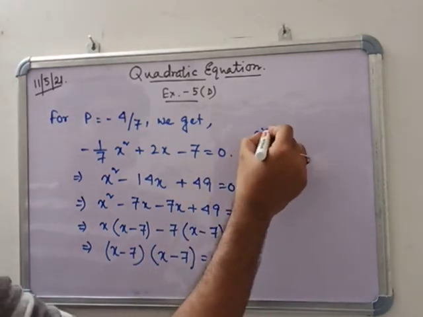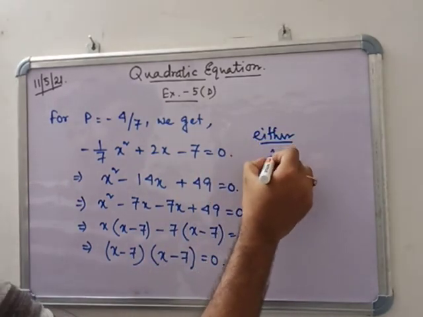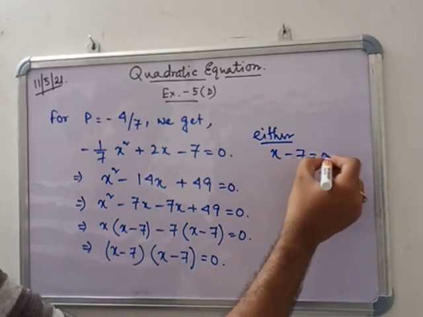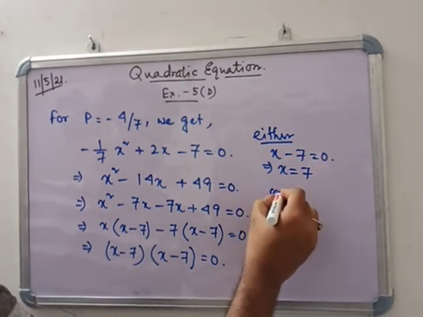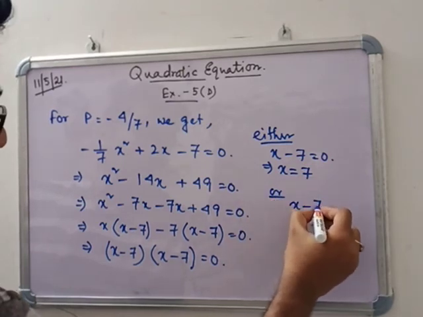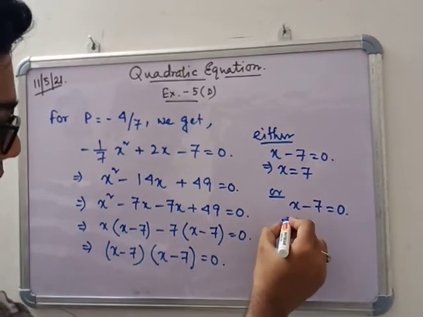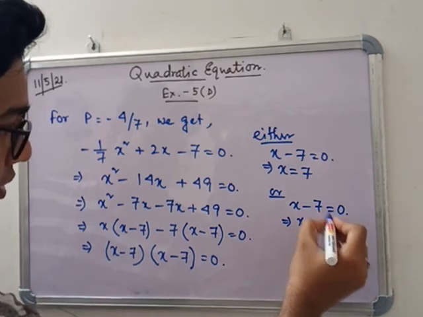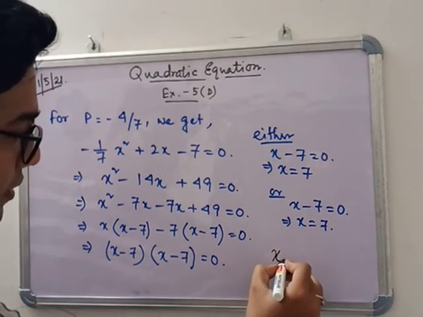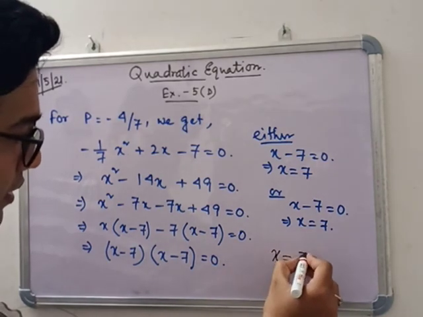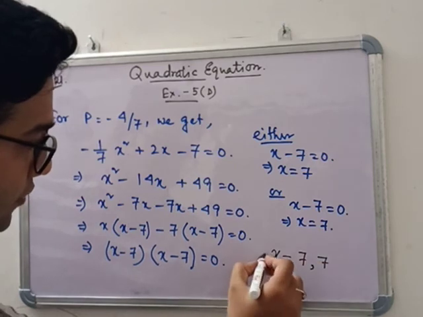So either x minus 7 equals to 0 implies x equals to 7, or x minus 7 equals to 0, that implies x equals to 7. So both the values of x are 7 here. So x equals to 7 comma 7. Okay.